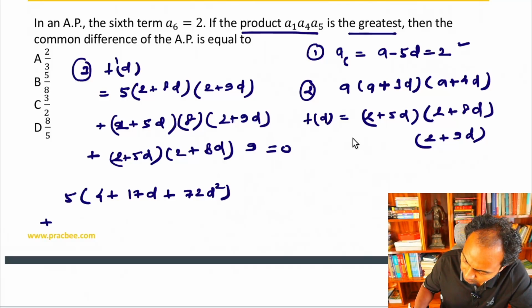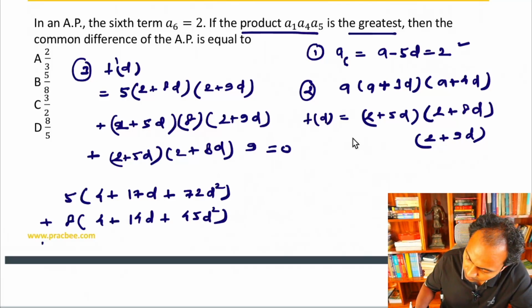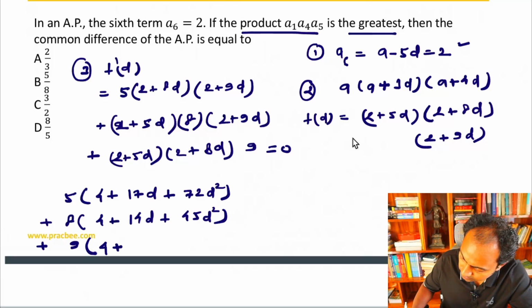The next part will become nothing but 8 times 4 plus 14D plus 45D square, and the last one will become nothing but 9 times 4 plus 13D plus 40D square. This is equal to 0.